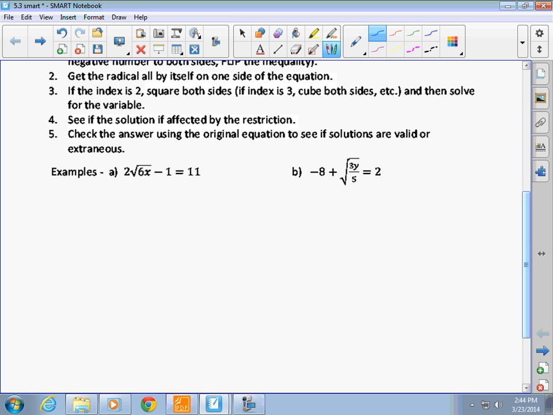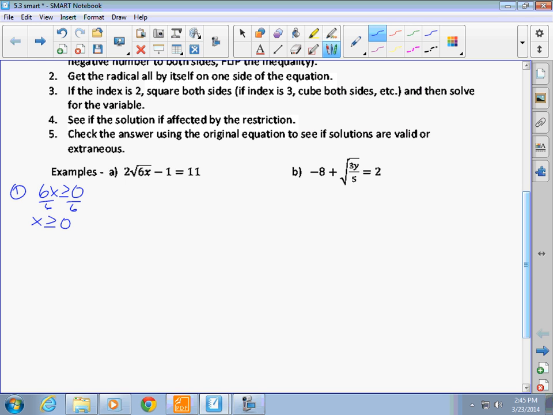So example number 1 says, 2 times square root of 6x minus 1 is equal to 11. So if we take a look at that, what we need to do, first of all, is find our restriction. So we take whatever is under the radical sign, put it greater than or equal to 0, and solve for the variable. So in this case, we just divide by 6.